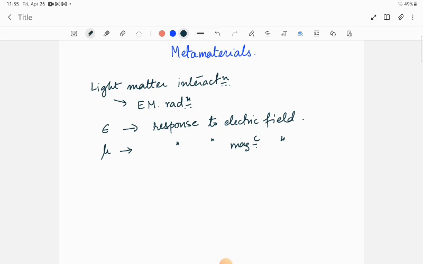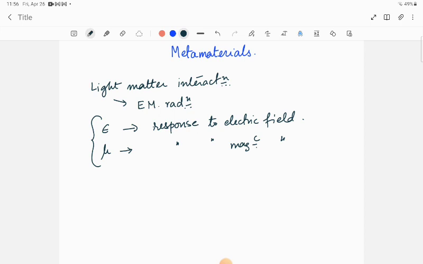Why I brought this up here, because in all the topics that we had covered in this course, we talked about epsilon, and we talked about how one can modify this epsilon. So whether we make it into a photonic crystal or we make it into a confined structure, push it towards quantum wells or quantum dots, we are changing the optical responses, which in turn can be related to the change in the dielectric constant.